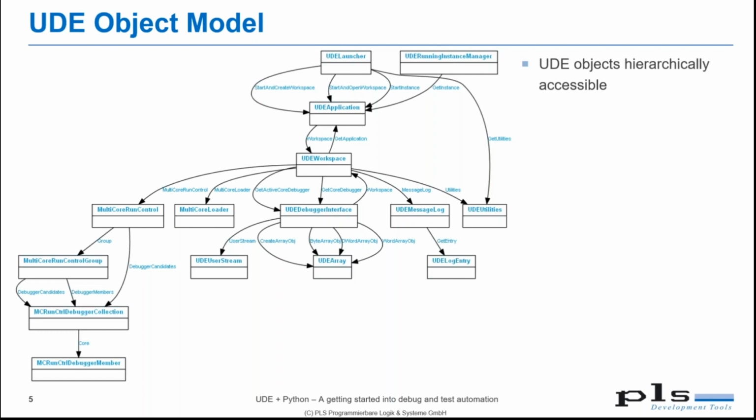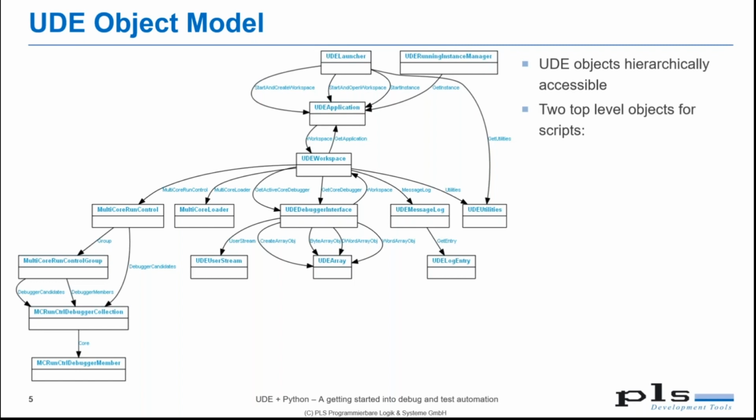If you need the functionality of a particular object, you have to start from a top-level object that provides access functions or properties to get the next lower object in this hierarchy. And then again, you ask for the next level, and so on, until you finally get the object that you need.